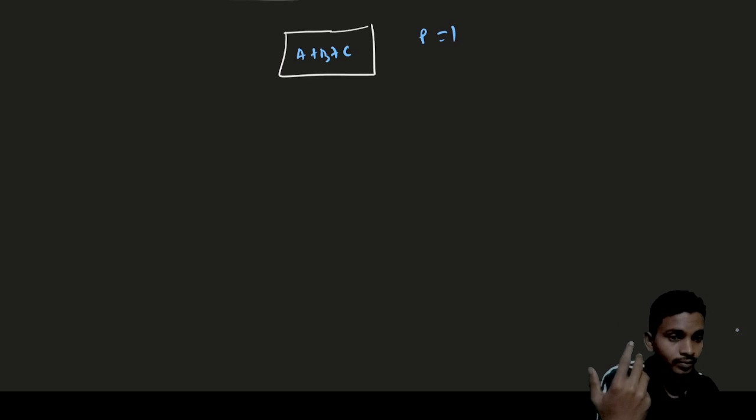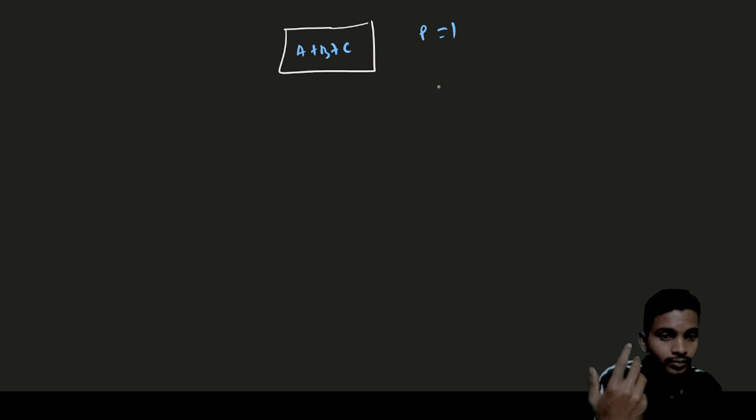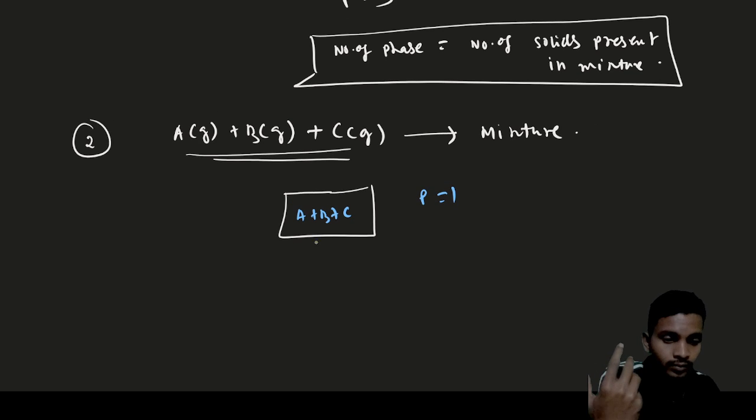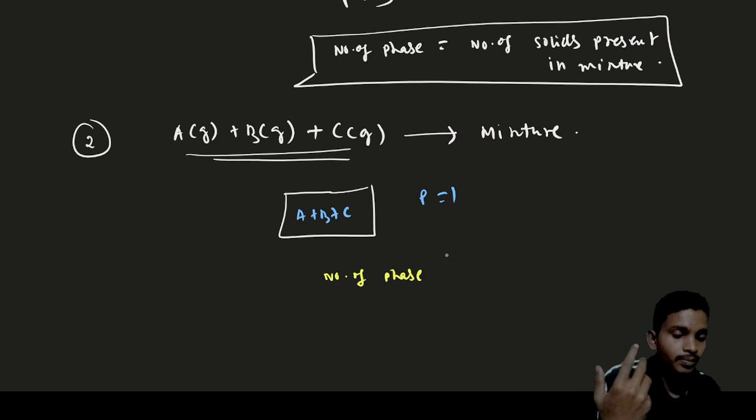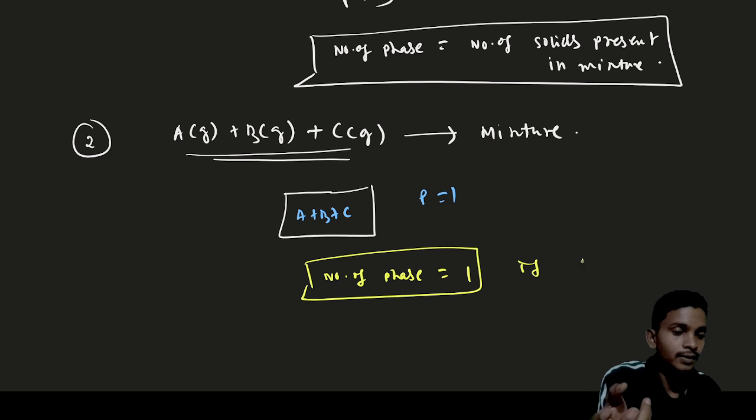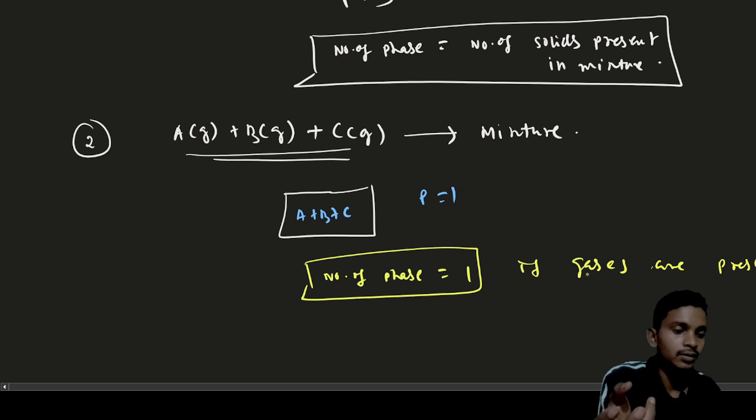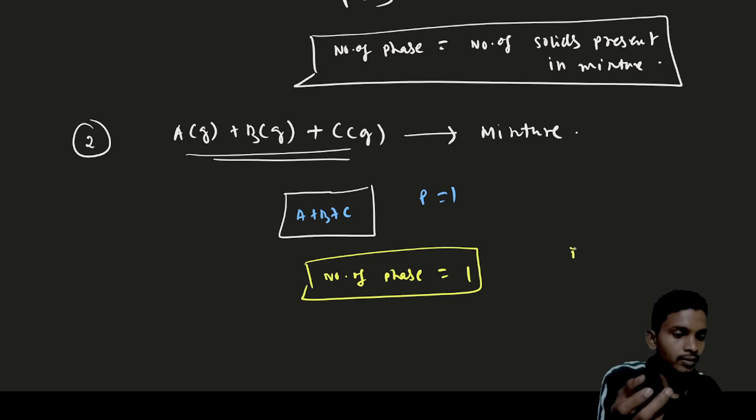So number of phases equal to 1 if only gases are present.